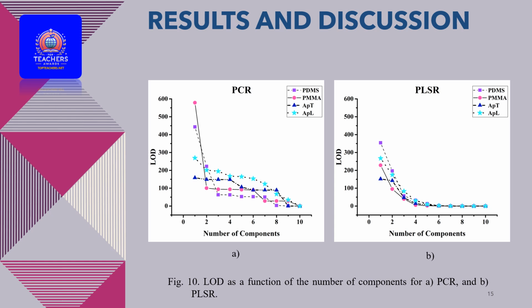The improvement in PCR is evident from changing from 1 to 3 components, and after that, it is negligible, especially in the case of PDMS and PMMA. On the other hand, in the case of PLSR, the improvement is quite regular for all the sensing films.